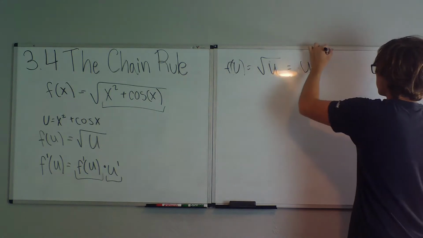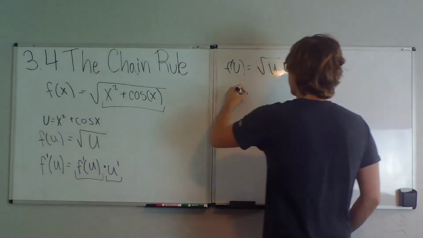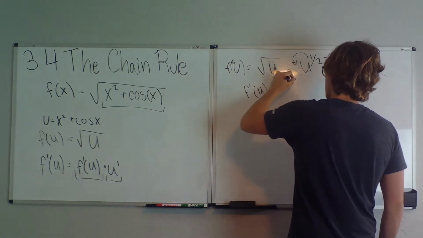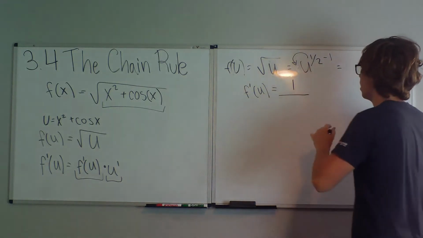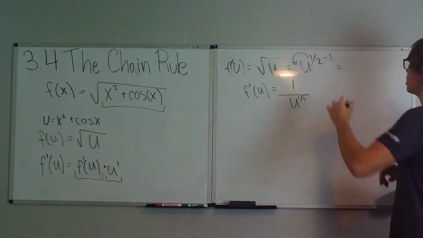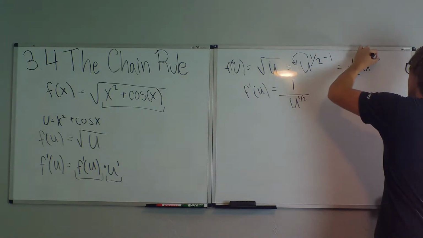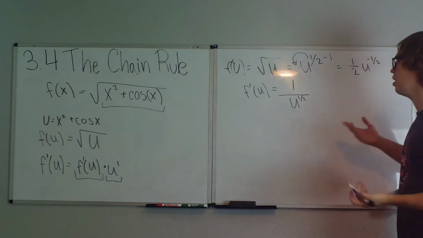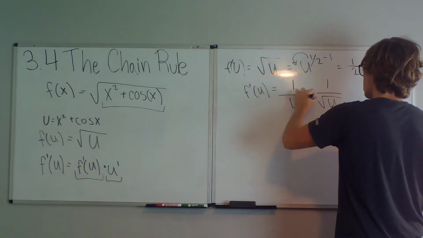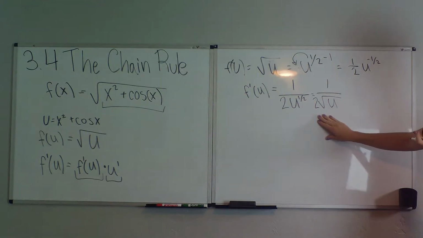So we subtract 1 and we bring this 1/2 out front, and then we get that our derivative, f prime of u, is going to be equal to 1/2 u to the negative 1/2, and that is equivalent to this. And this is also equal to 1 over 2 square root u. Oop, I dropped the 2. So, that's our f prime of u.